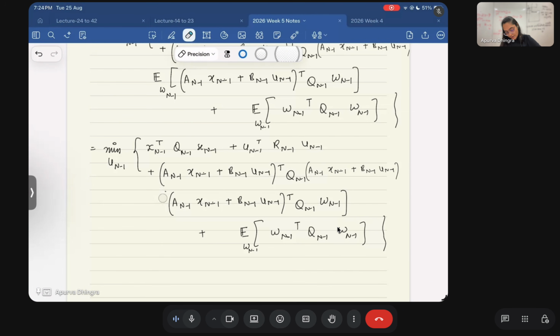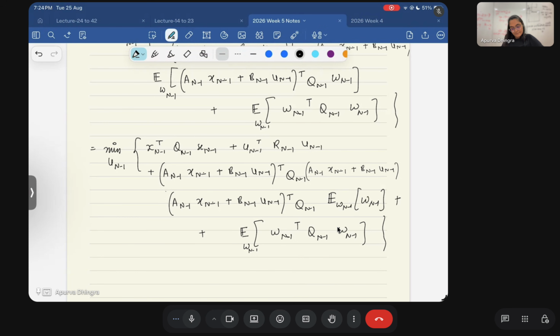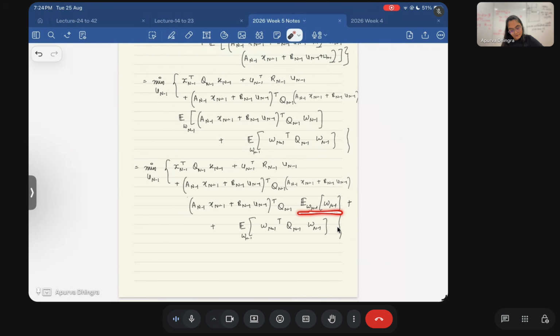The expectation can directly go to the component where it matters. And what did we say about the mean of the noise? We said that the mean of the noise is 0. So this term does not exist, because that's how we've taken the mean to be. If we wanted, we could have kept the mean, it's fine. But for the problem that we are currently solving, let's say that the mean is 0 and we're removing that term.